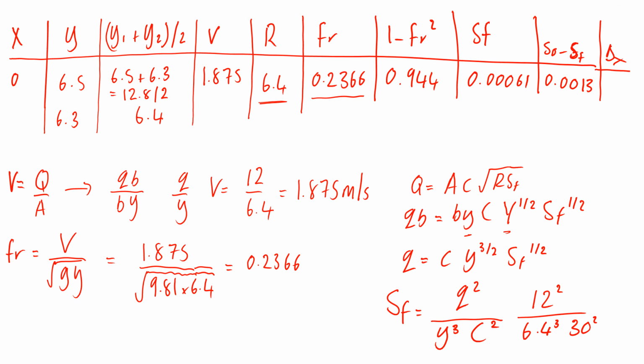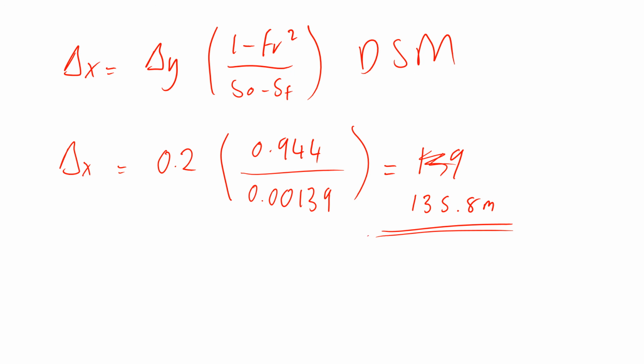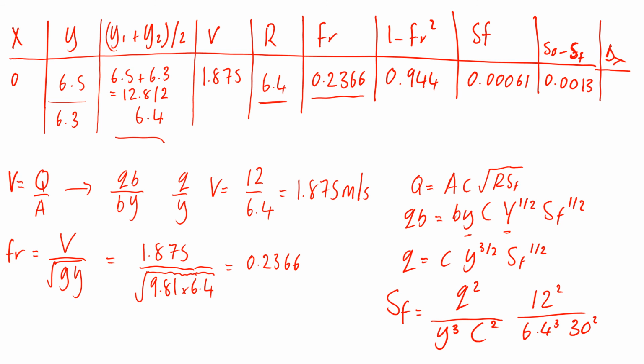The other thing is, in this question, Professor Nigel Wright takes the mean value for y. That is a correct way to do it, but not the only way to do it. If you were to use 6.5 and not use 6.4, and again go through the same procedure, you'd get a slightly different value, not 135, but that answer again would be correct.